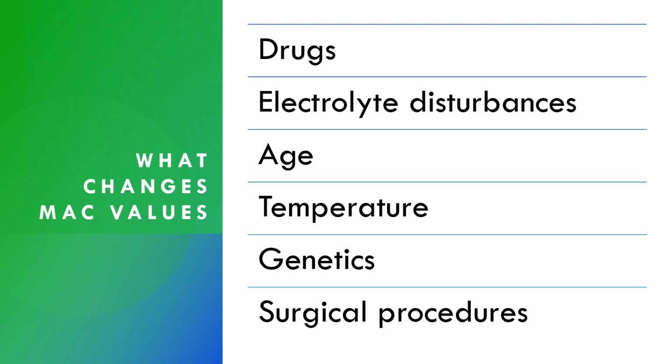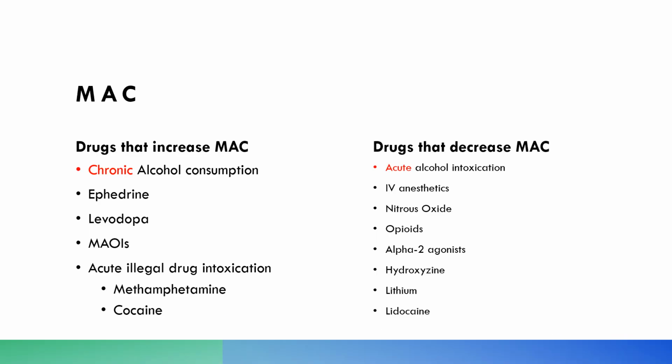All right, so a lot of things change our MAC values. We're going to cover a lot of these. First, let's cover some drugs that increase MAC. Okay, drugs and conditions. So chronic alcohol consumption is going to increase MAC. Ephedrine, levodopa, MAOIs, and then acute illegal drug intoxication is also going to increase MAC.